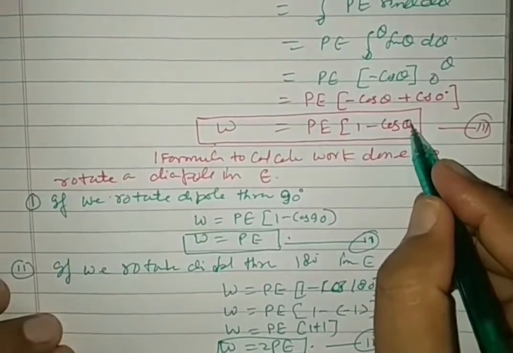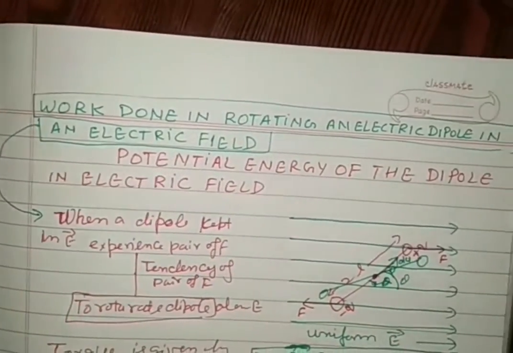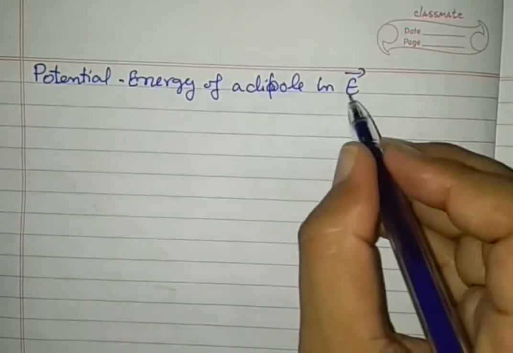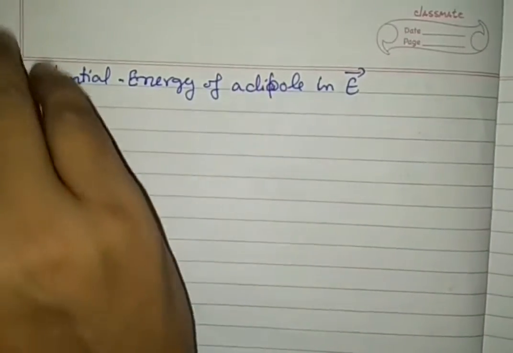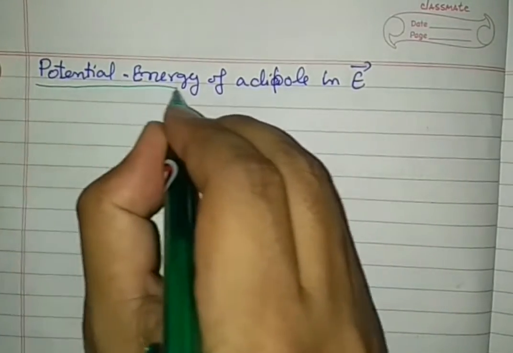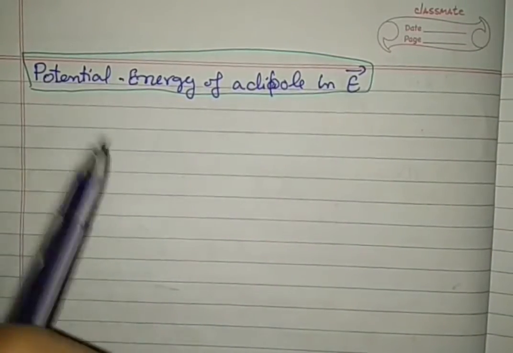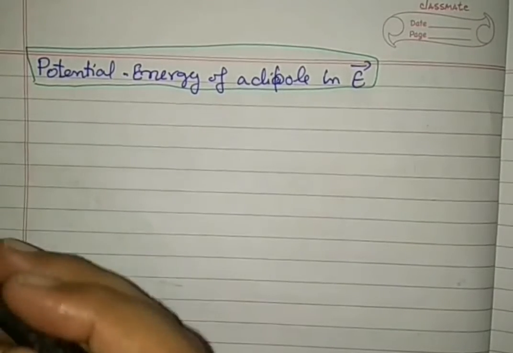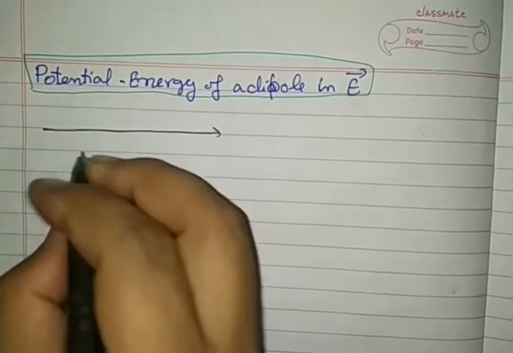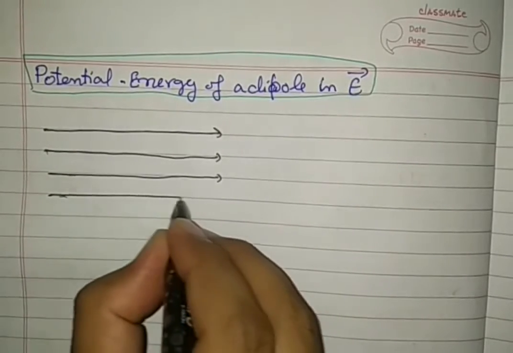Now we are going to the second thing, that is the potential energy of a dipole in electric field. To do this, see the concept very carefully, how we are going to calculate the potential energy of a dipole here in the electric field. First of all, see very carefully, let this parallel line represent the availability of uniform electric field.